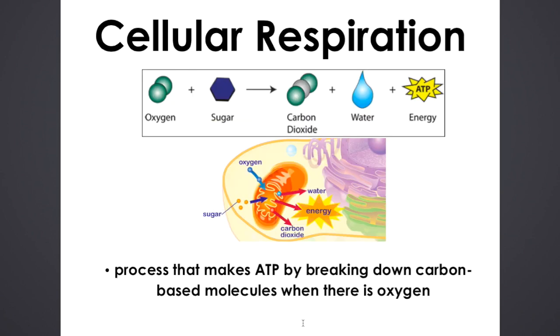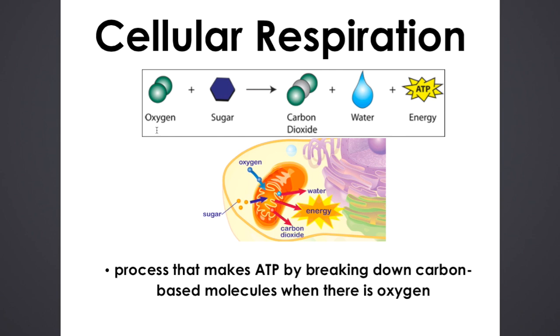The next chemical process that our body does is called cellular respiration. Cellular respiration is the process that makes ATP by breaking down carbon-based molecules when there is oxygen.